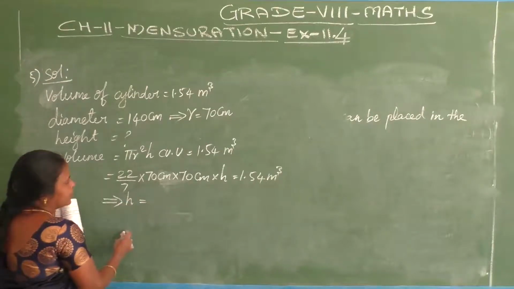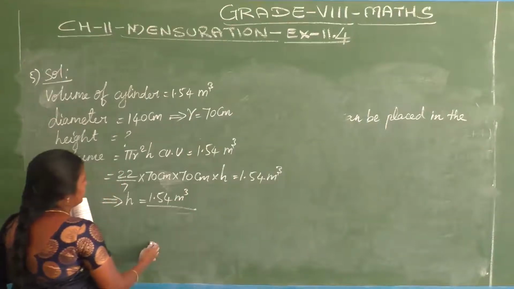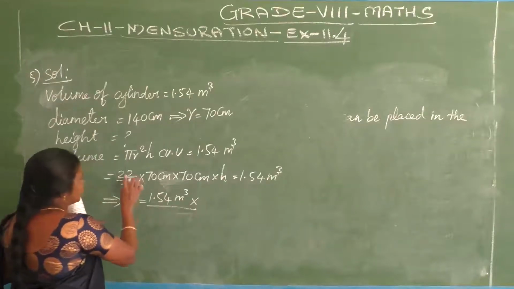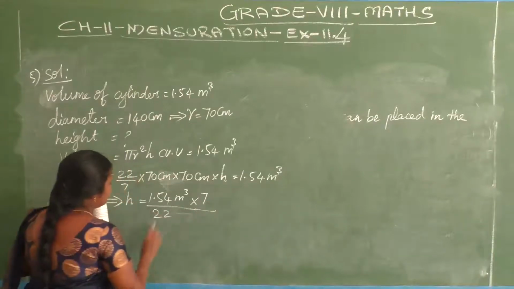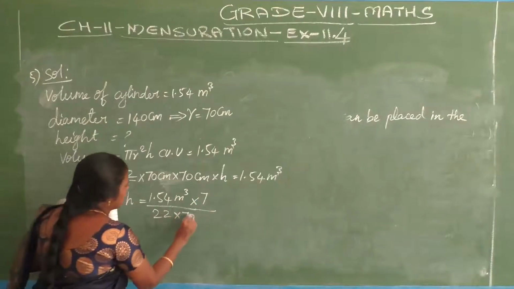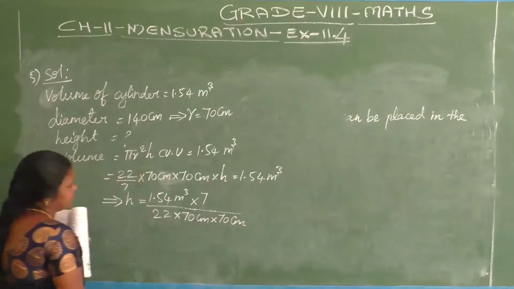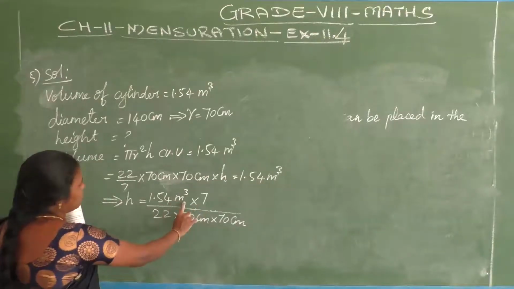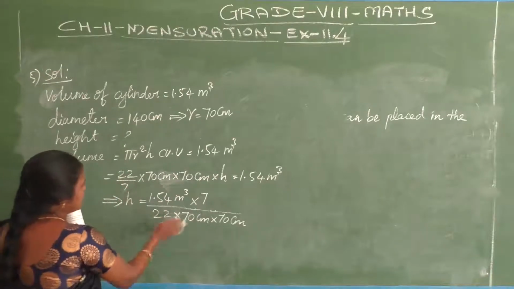So h equal to 1.54 meter cube by this fractional number. If you shift in the opposite direction, how does it go? 22/7 will be written as 7/22, yes or no? Then this 70 and 70 come to the denominator, so 70 centimeter into 70 centimeter. H equal to 1.54 meter cube as it is; 70 came down, and 22/7 written as 7/22.